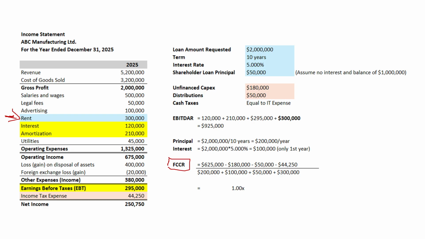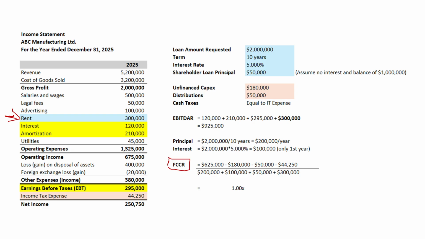Oftentimes it's used interchangeably. When you do an analysis or you're working for the bank and let's say they put in their credit that they're calculating FCCR, in reality, they're doing the same calculation as the one we did on the previous slide, the DSCR. So just keep in mind sometimes it's used interchangeably and very rarely do they put rent into the equation.